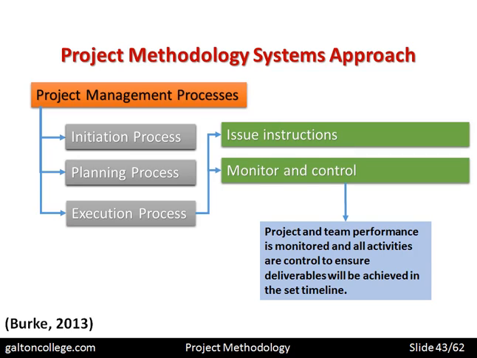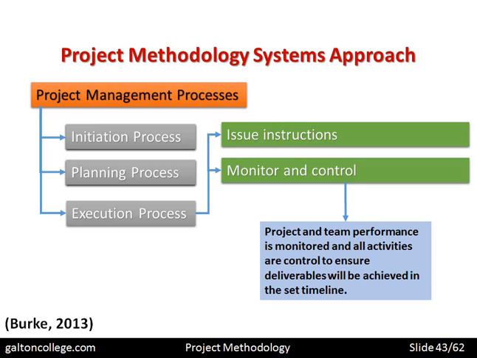Then there's monitoring and control. The project team performance is monitored and all activities are controlled to ensure deliverables will be achieved in the set timeline. So monitoring to make sure that the different personnel within the project team are achieving what's expected of them.